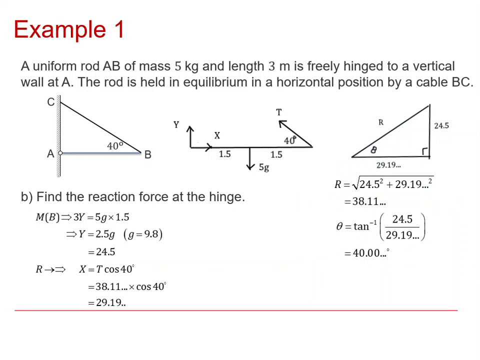So there's the figures. 38.11 is the answer that comes out for R, and the angle is actually the 40 degrees again. If you think about the force diagram, it's actually bound to be symmetrical, though that's not glaringly obvious. So we get those two answers for those measurements for that force. So there's the answer in context to an appropriate degree of accuracy.